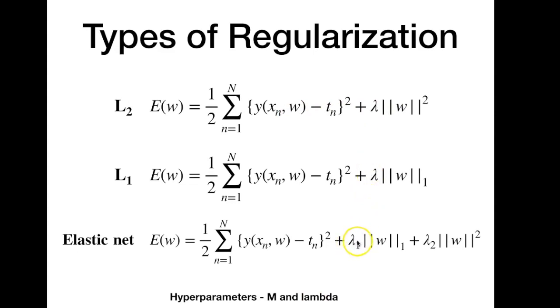In elastic net, you have two weights, lambda 1 and lambda 2. You can combine these lambda 1 and lambda 2 by saying, let's say we weight this by 1 minus alpha and we weight this by alpha. So your regularization hyperparameter becomes alpha. In a nutshell, we have two hyperparameters to select: m and lambda.